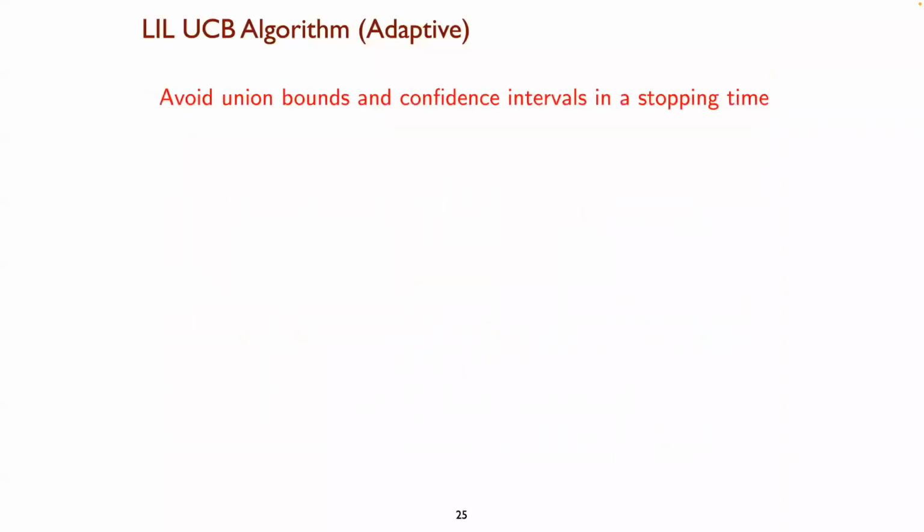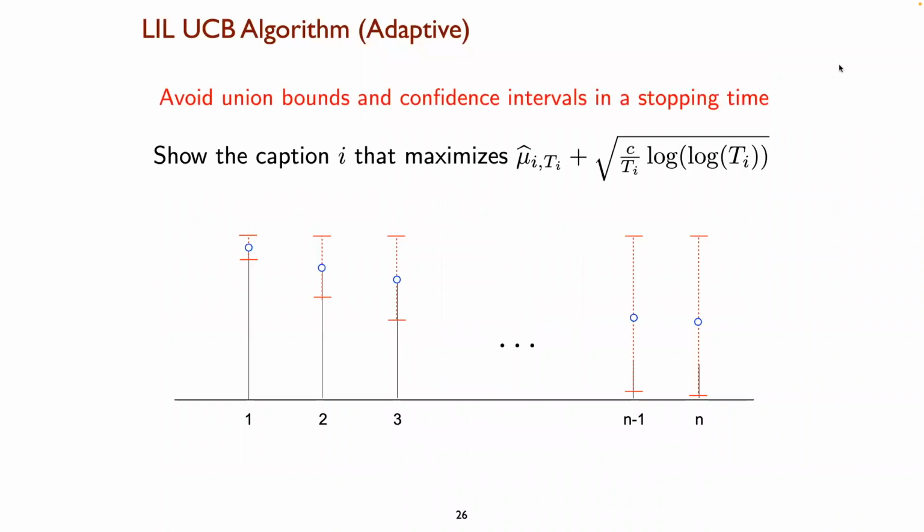So I came up with an algorithm based on the popular UCB algorithm. But instead of having a log n here to union bound over the different captions, I just defined this thing. It's not a confidence interval. It is not guaranteed that the empirical means are inside these intervals. But nevertheless, I still play the algorithm.